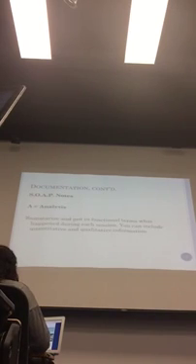Then you have the A part, which is the analysis. And this is where you take that information and you summarize it and kind of interpret what you think is going on. All right?